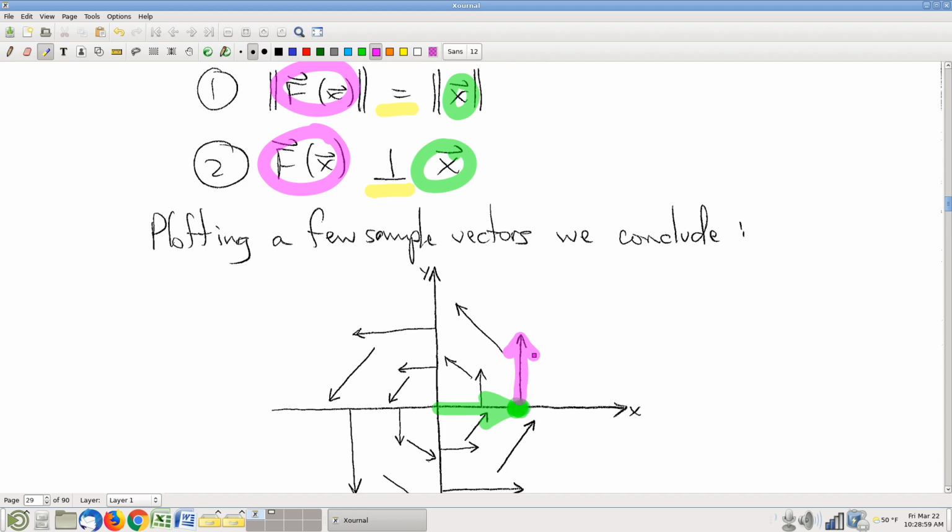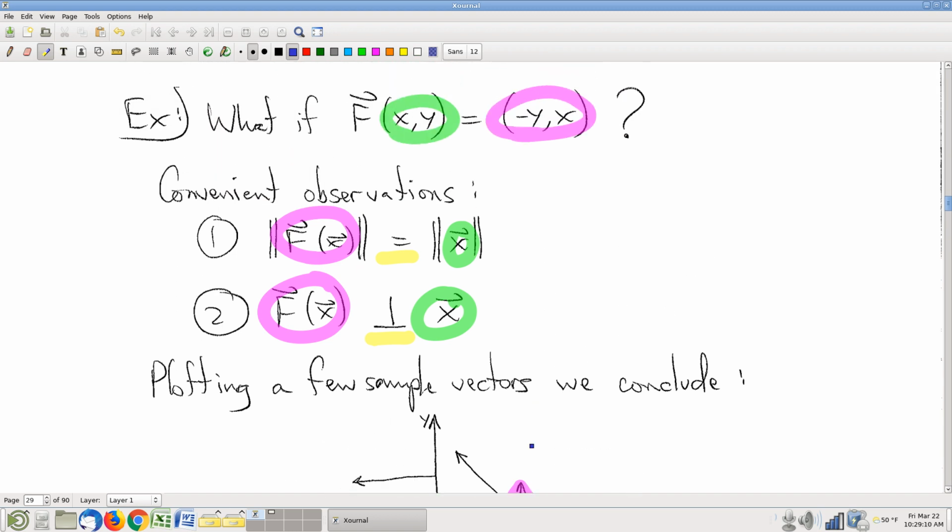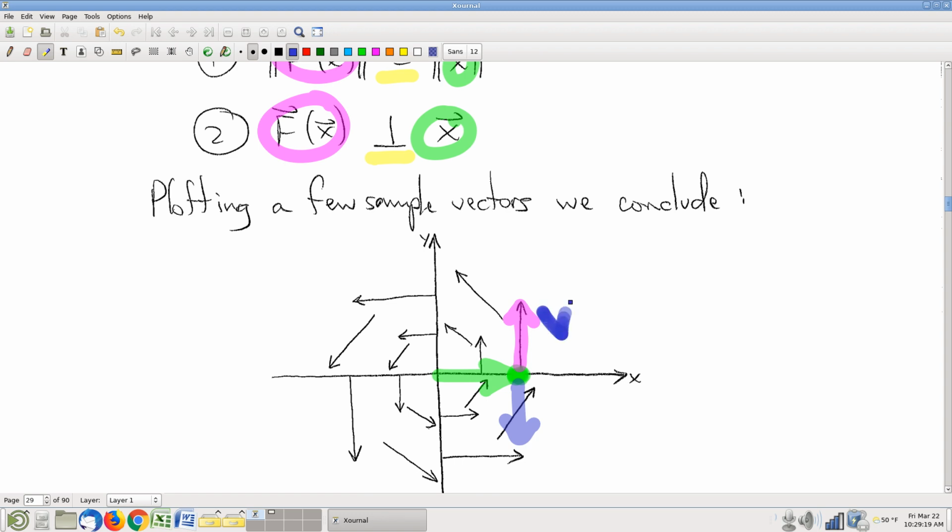Now you may wonder, how did I know it wasn't this? Fair question. Plug in. If you plug in x comma y equals 1 comma 0, for example, you notice your field vector becomes 0 comma 1, which is up.